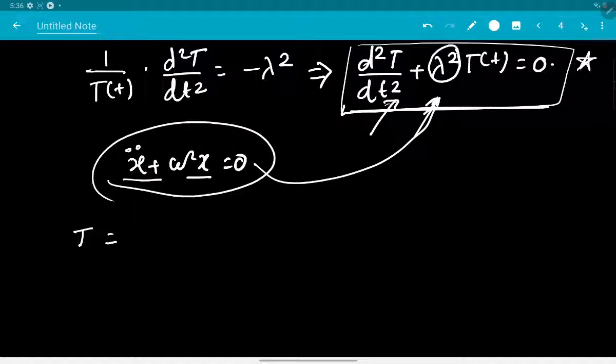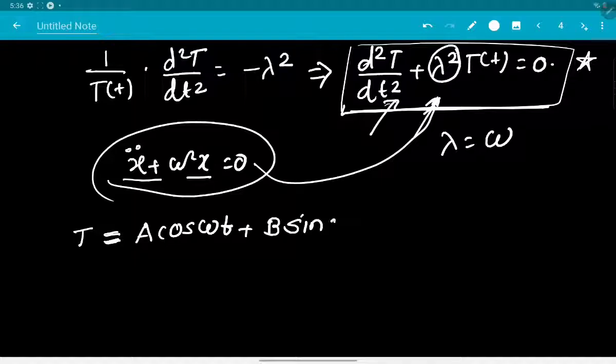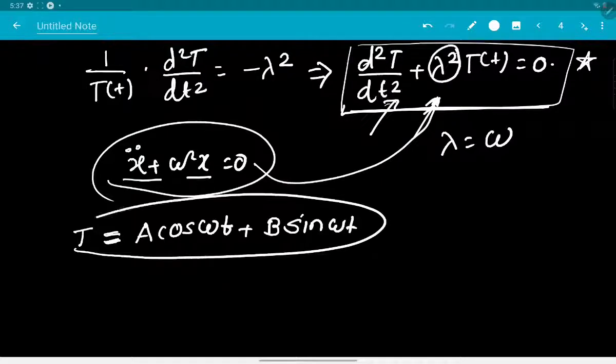So let me say that lambda is nothing but omega. Then I'll write it in this fashion: T is equal to A cosine omega t plus B sine omega t. This is the solution of this differential equation.